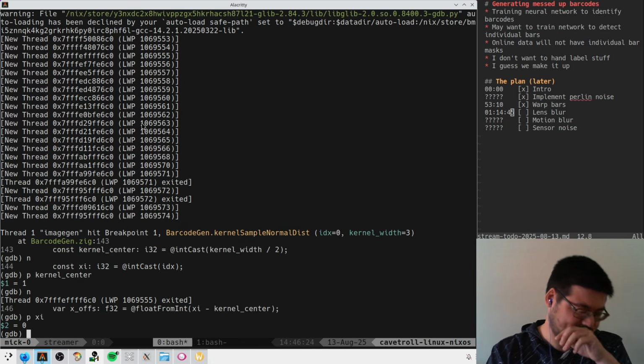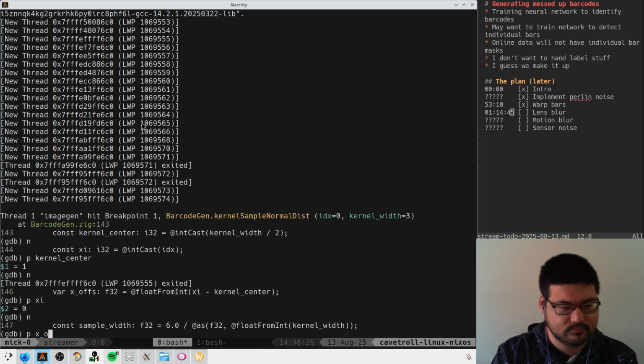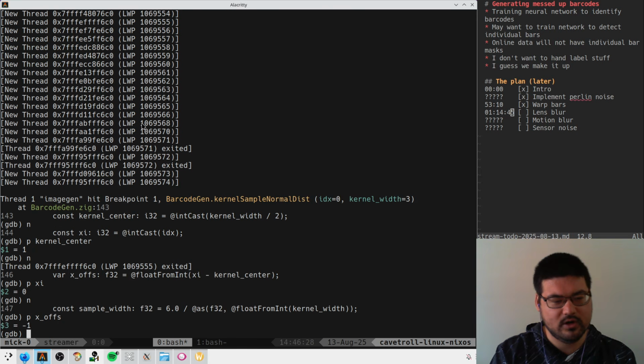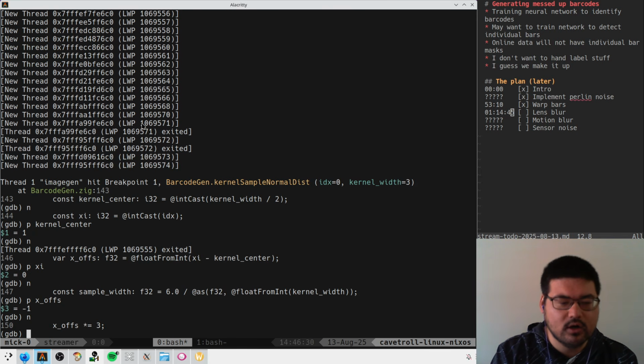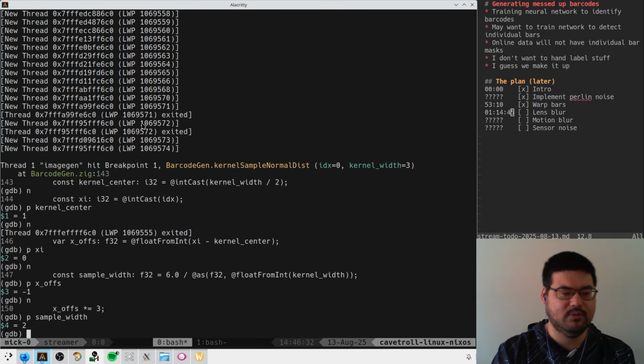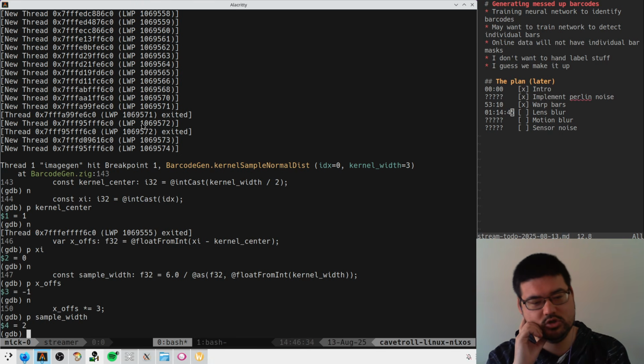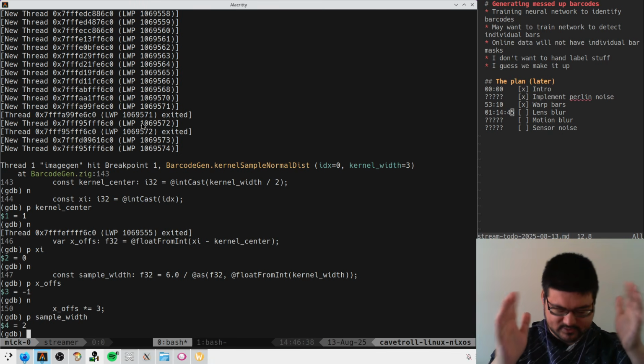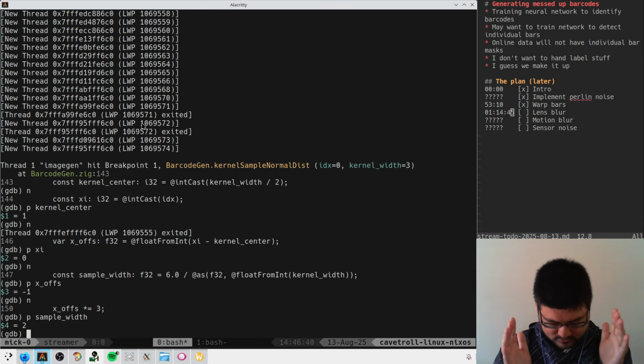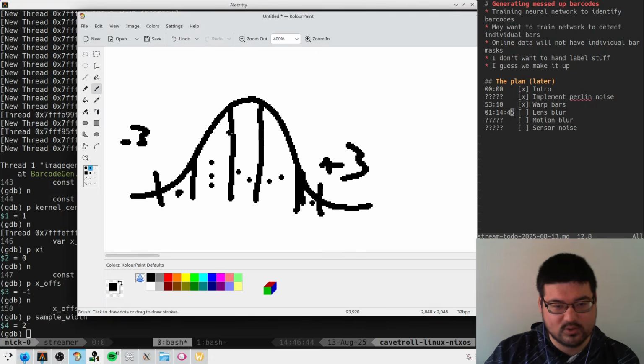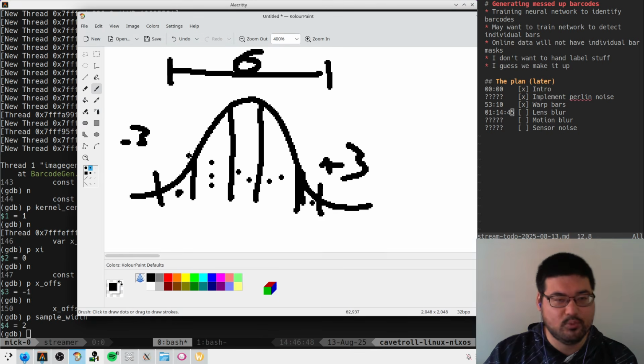We have our x is 0, so we are -1 away from the center. Our sample width here is 2, which is correct because there's 6 total in this whole area. So our sample width being 2 makes sense if we're chunking it 3 times.